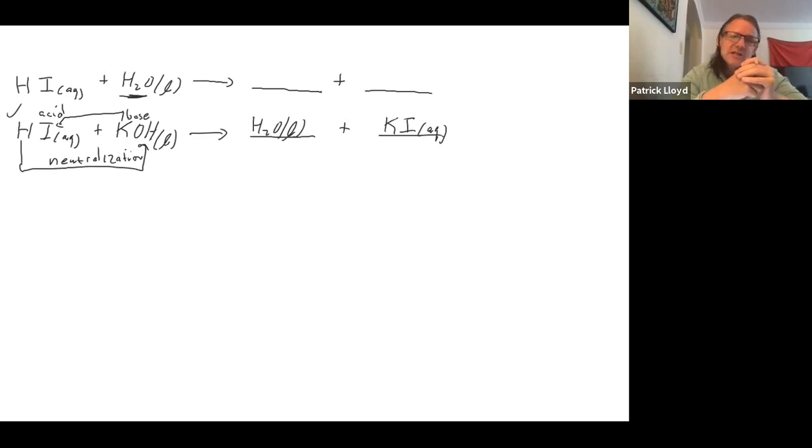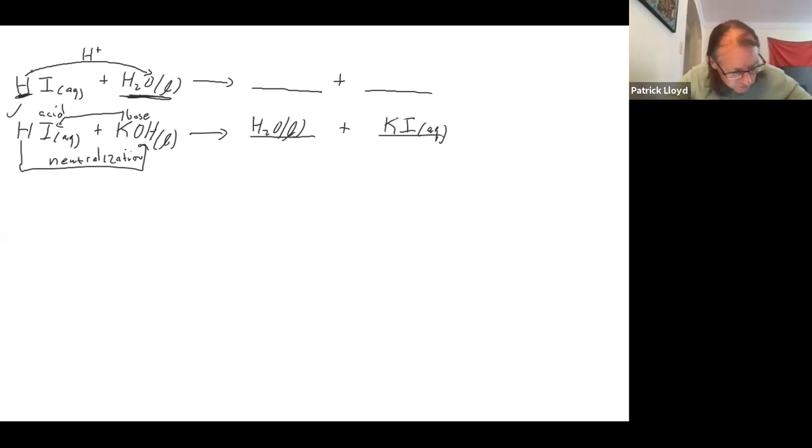In this case, we're going to take the HI and react it with water. Now, here's what we would claim. An acid can react with water by transferring the H plus to the water. So I'm going to write it with a little arrow here. The H plus, this hydrogen, is going to get transferred to the water.